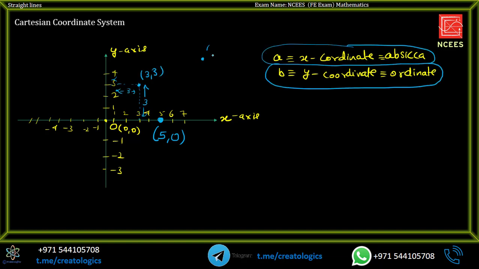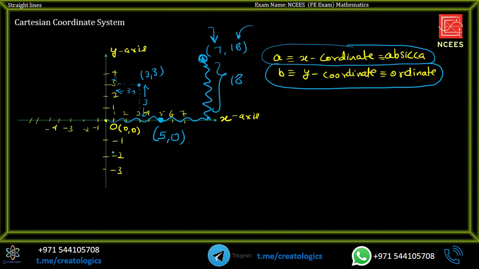If there is a point, let's say 7, 18, it means to reach this point, we have to move 7 units along the x-axis and 18 units along the y-axis. So we will move 7 here and 18 above to reach this point.